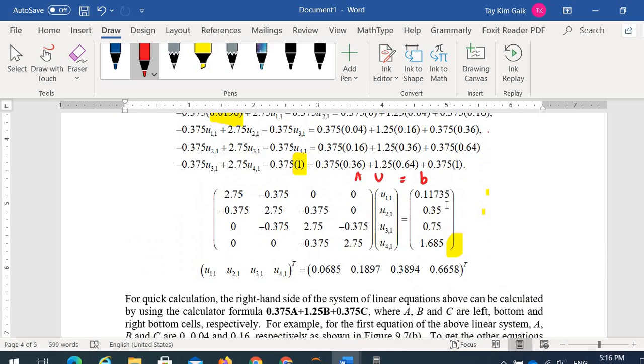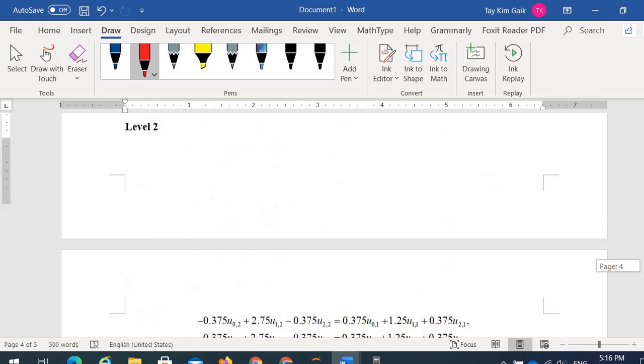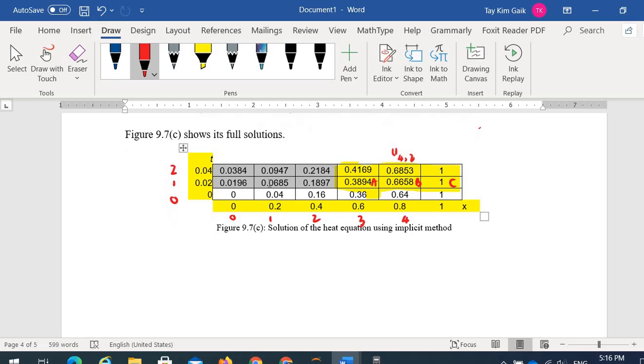Once you get the system of linear equations, if it is up to 4 simultaneous linear equations, you can still use your scientific calculator. Only this model, the ClassWiz, can solve up to 4 simultaneous equations. With the ES, you can solve up to 3 simultaneous linear equations. Once level 1 is done, you move the molecule up to target the top level.